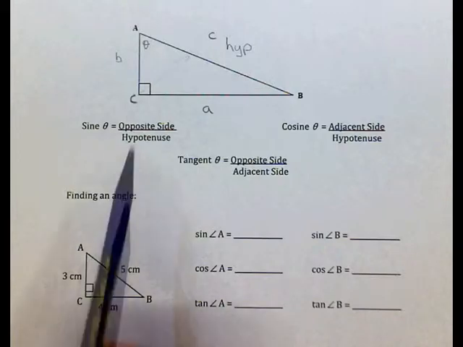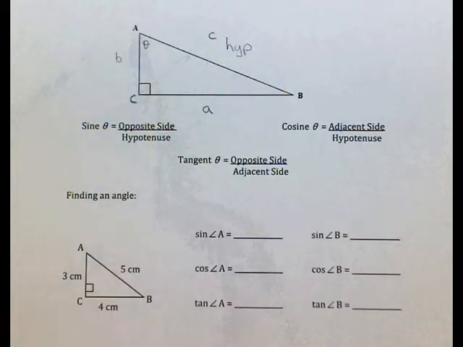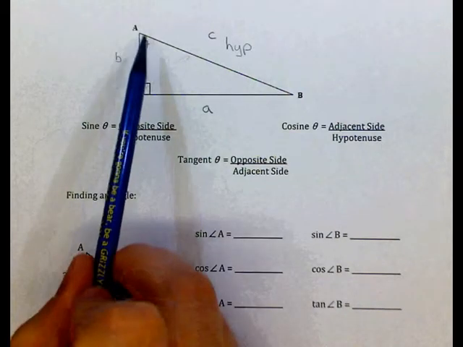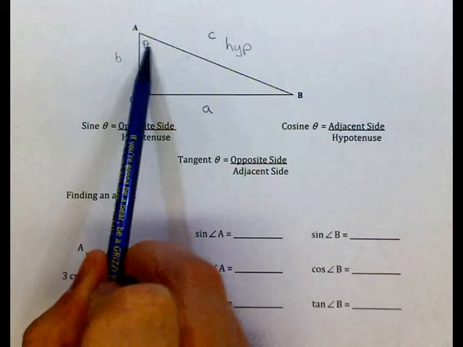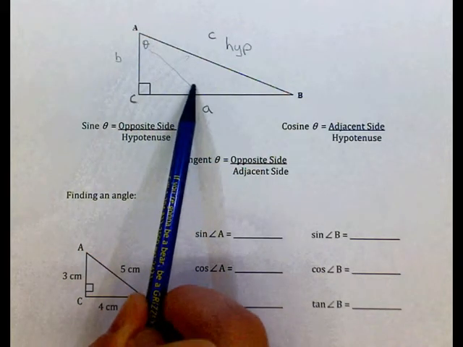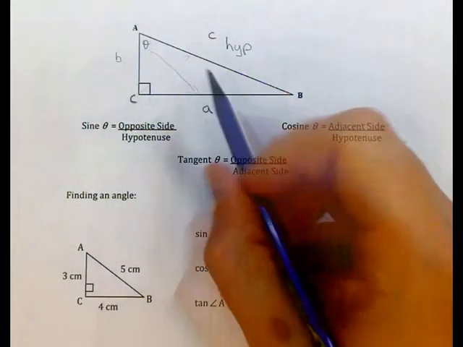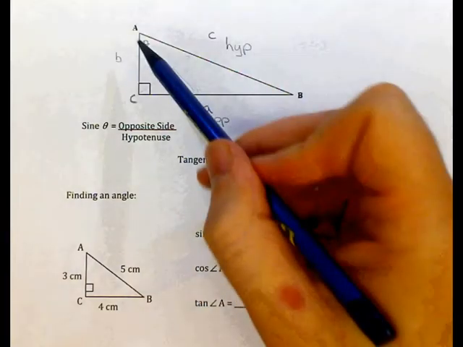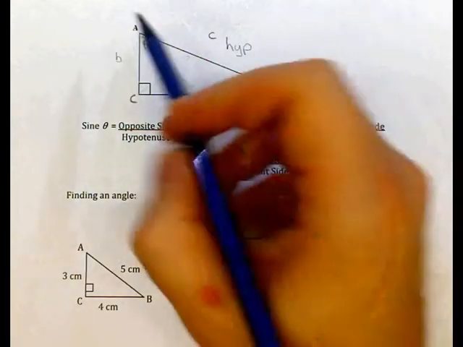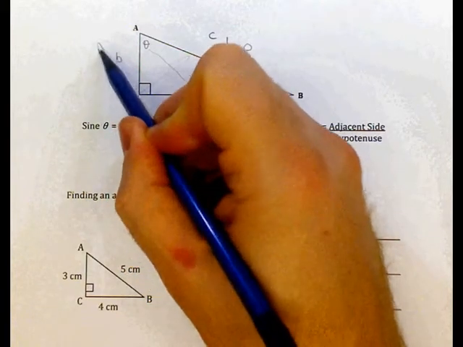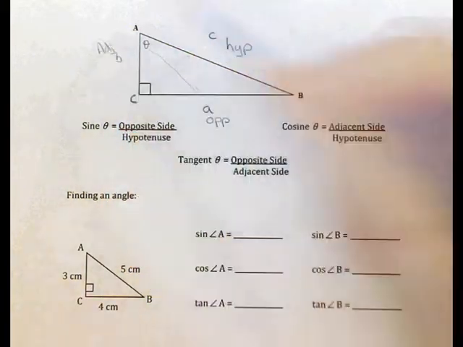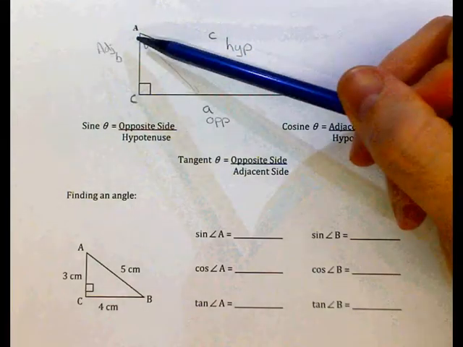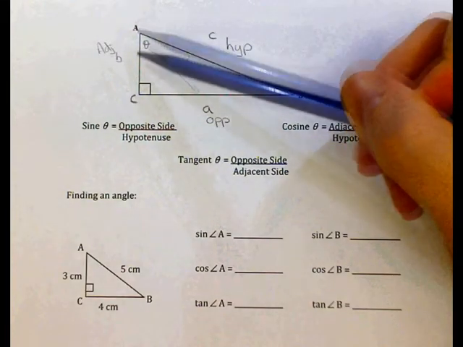Now for angle A, we need to label an opposite and adjacent. I like to start with my opposite. I start with my angle, go through the triangle, and get to my opposite side, leaving my last side adjacent. Adjacent you may think of as touching your angle.